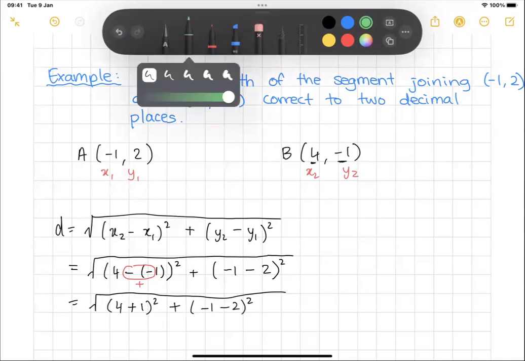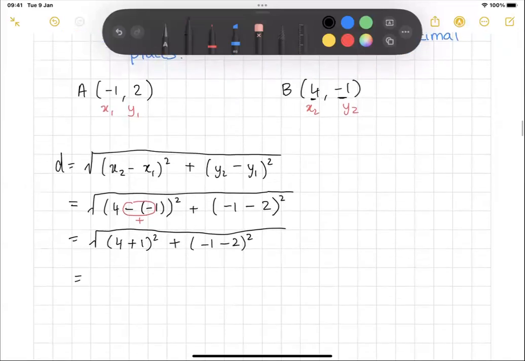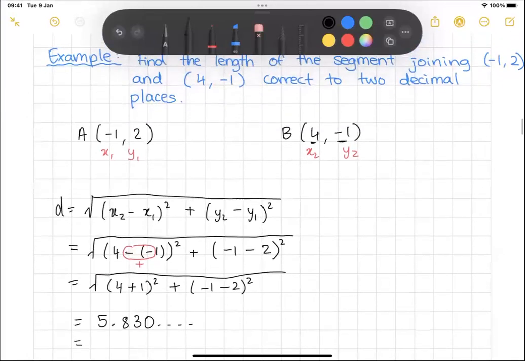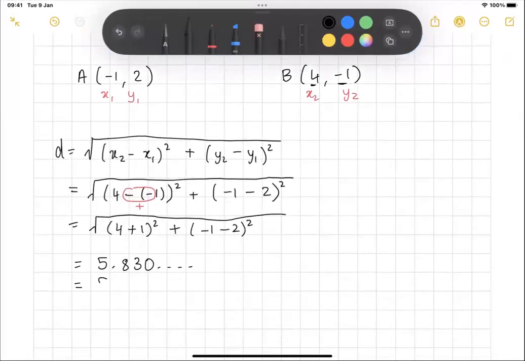Once you put that into the calculator, you should get this as your value in decimals. I want it to be in 2 decimal places, so it should be 5.83 units. Hopefully that makes sense.